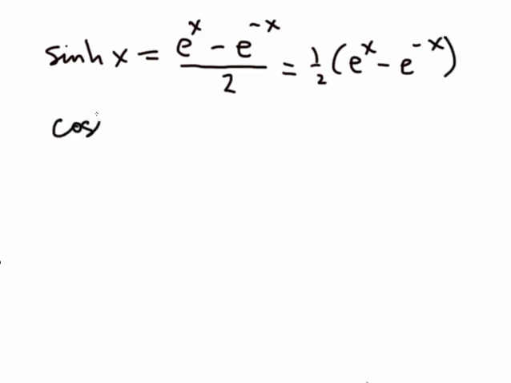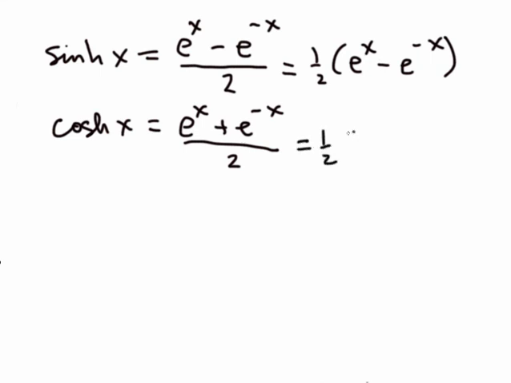And the other function is called hyperbolic cosine. This is also called cosh. So cosh of x, or hyperbolic cosine, looks very similar, except there's a plus sign there. So e to the x plus e to the minus x over 2. Or you can have the half out front, either one. These are the same way to express these functions.